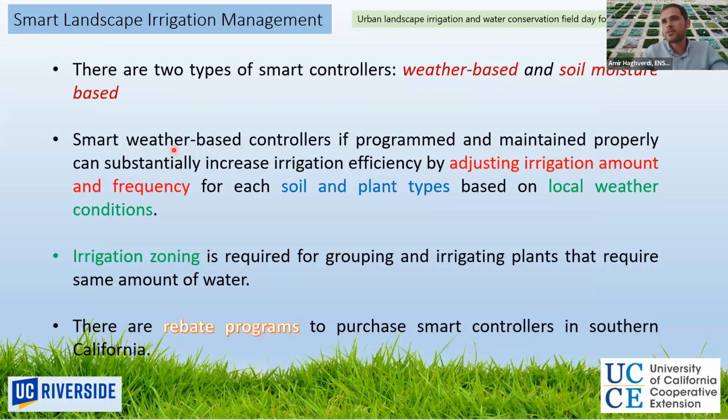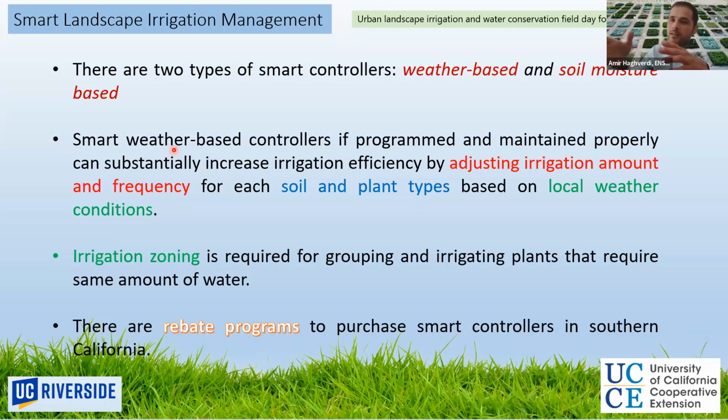So what are the take-home messages here? There are two types of smart controllers: weather-based and soil moisture-based. How do they help us? They can help us with adjusting irrigation amount and frequency, based on the soil and plant properties and local weather conditions. Irrigation zoning is required when we have different types of plants that have different water needs.